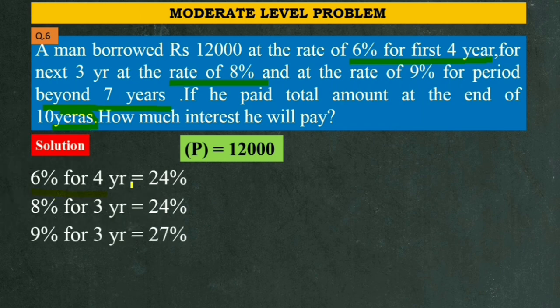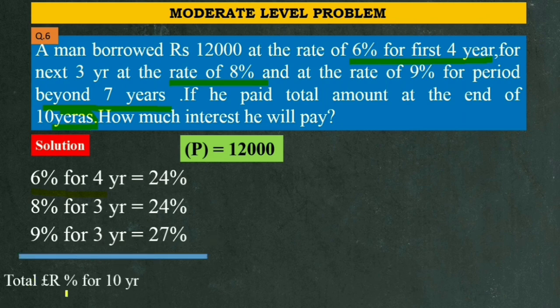Third case, that is 9% beyond 7 years, meaning the remaining years, that is 3. So 9 into 3, that is 27. Now we simply add the total effective rate percentage for 10 years, the span given for all this transaction. Now we simply do the addition and we get 75. 24 plus 24 is 48, plus 27 is 75.